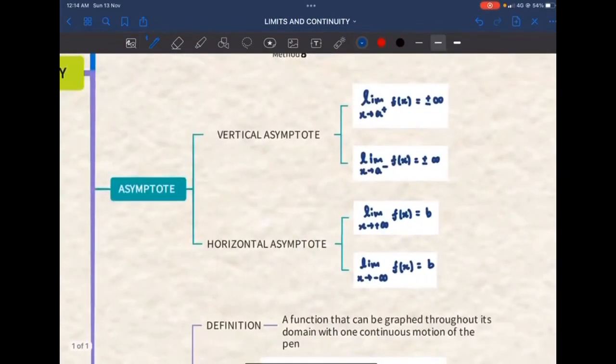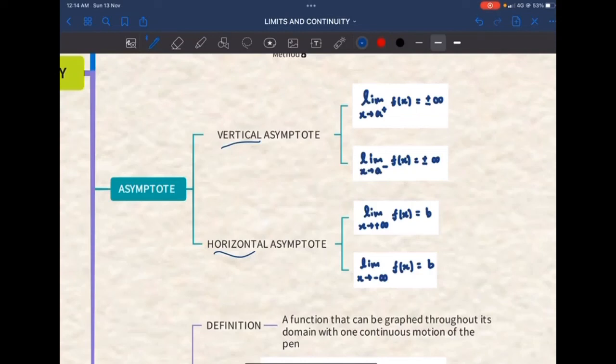So we continue with asymptotes. Basically there are two types of asymptote, that is vertical and horizontal. For the vertical asymptote, as the limit of x approaches a from the right, the asymptote can be positive or negative infinity.